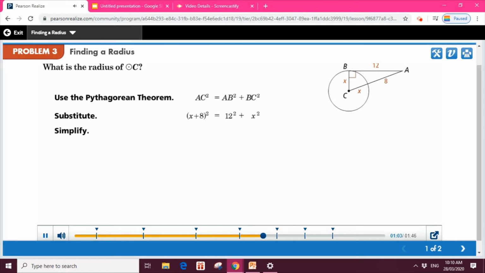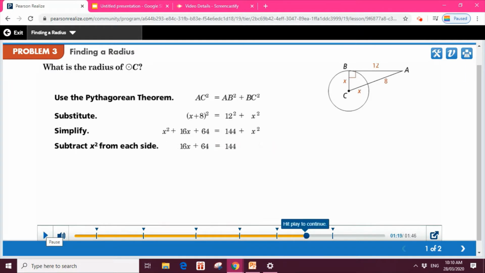Now simplify each side of the equation. Subtract x squared from each side of the equation. Then subtract 64 from each side.